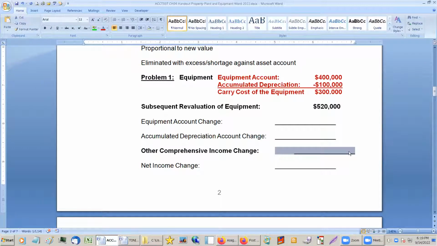So this will be a gain on revaluation, a gain of $220,000. And again, that is the $520,000 minus the $300,000 carrying value.